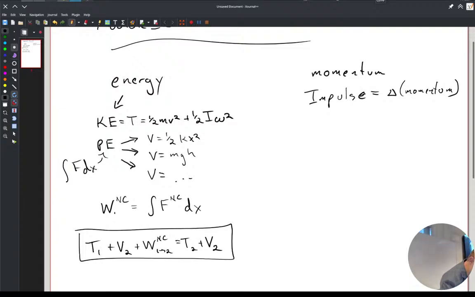And here, the big thing, at least the thing that I think is a really helpful diagram, is we had some mv initial plus some kind of F delta t is all equal to some new mv final.